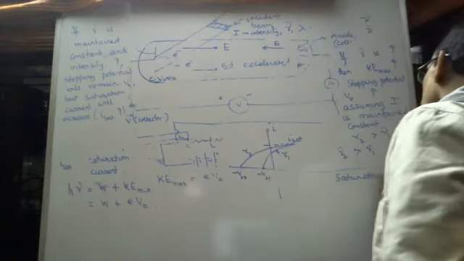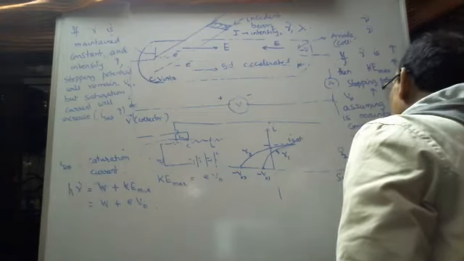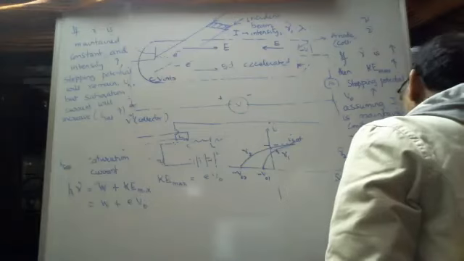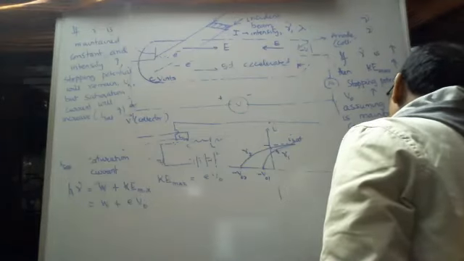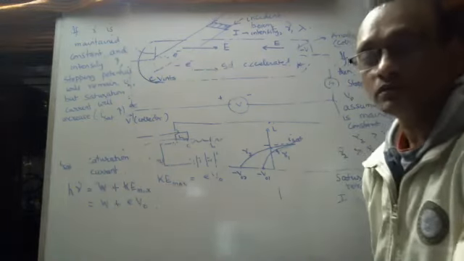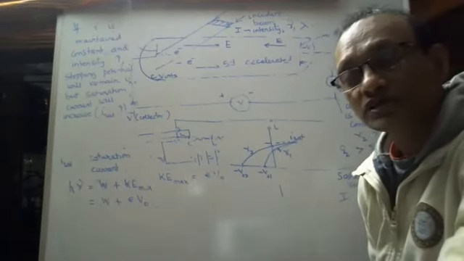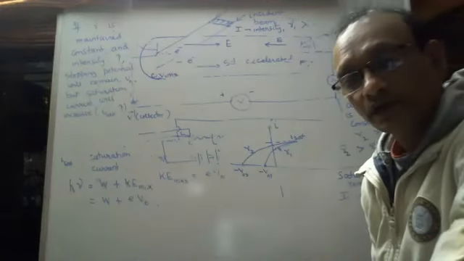Saturation current क्यों बोलो तो, बोलो क्यों? Intensity same. Intensity same होने की वजह से number of photoelectrons is the same. That means maximum saturation current will remain the same.